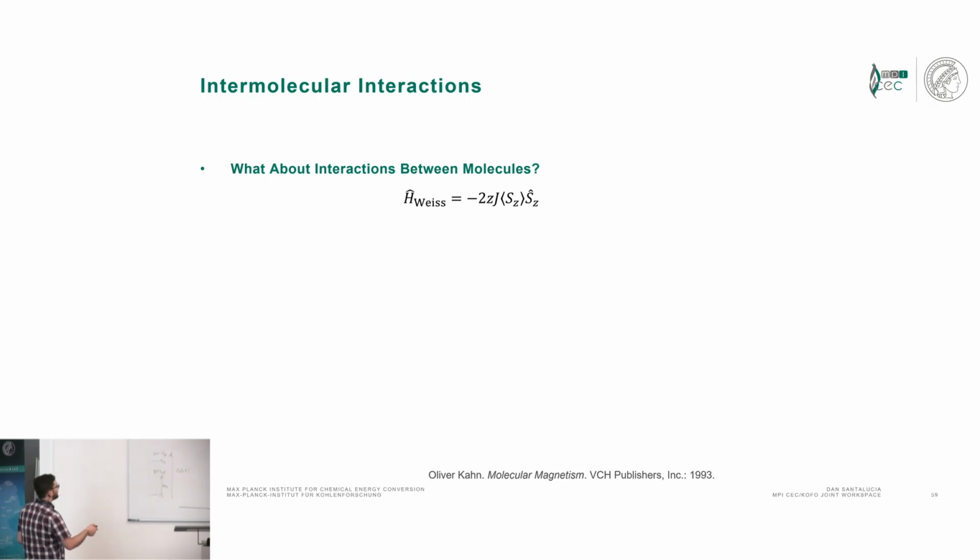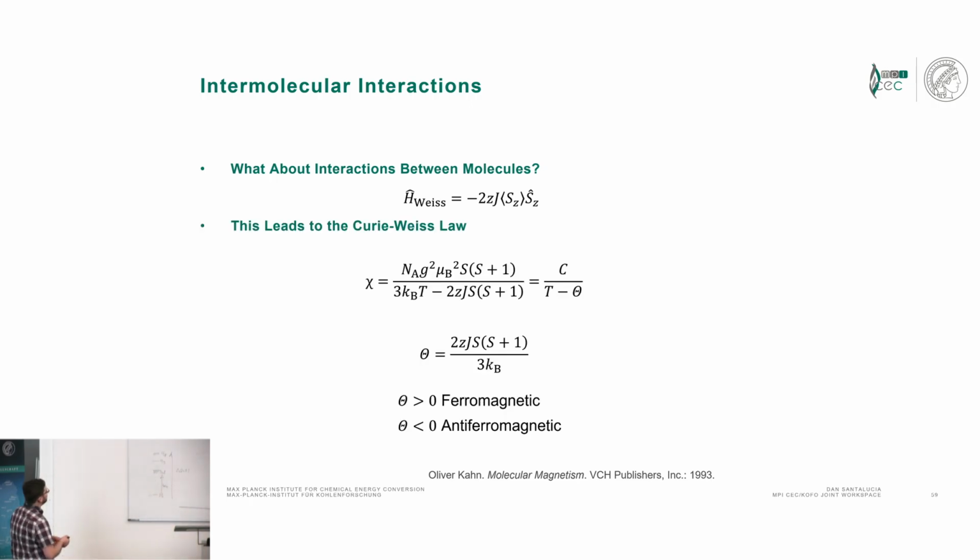And Z here is actually a different Z. It's the number of nearest neighbors that are actually touching that. And then minus 2J is the convention we use. But that's basically it. And what we can do is modify the Curie law to what's called the Curie-Weiss law and put this perturbation term in the denominator, which is also sometimes symbolized with capital theta, but they're equivalent.